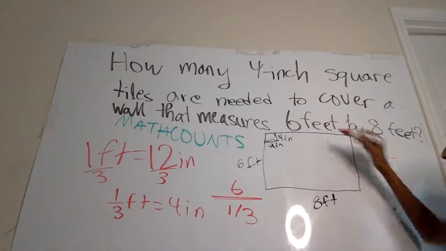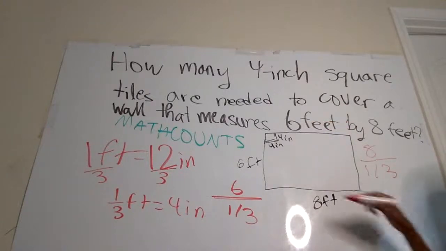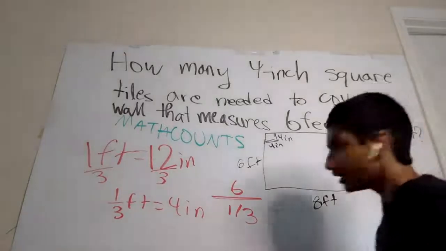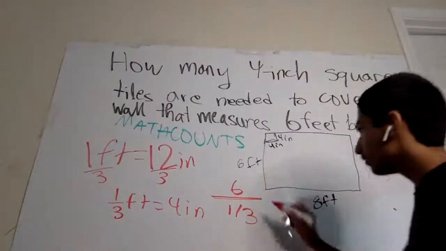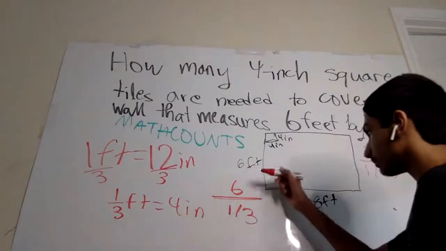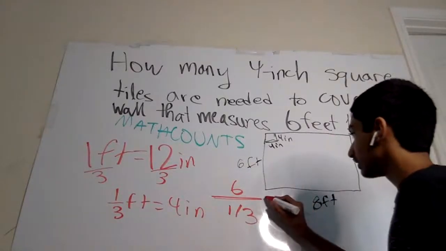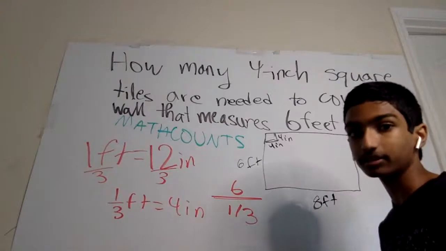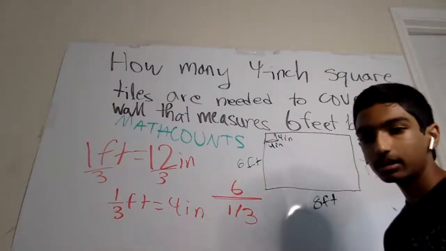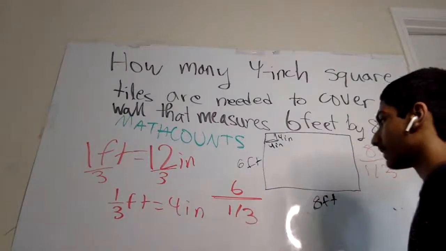If we lay 3 here, we get 1 foot of distance. So just evaluating these, how do we do a fraction inside a fraction? We do it by multiplying by the reciprocal. If we put something in the denominator, it's the same as multiplying by the reciprocal.